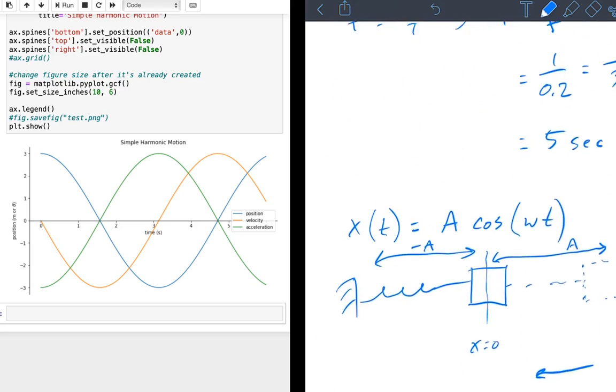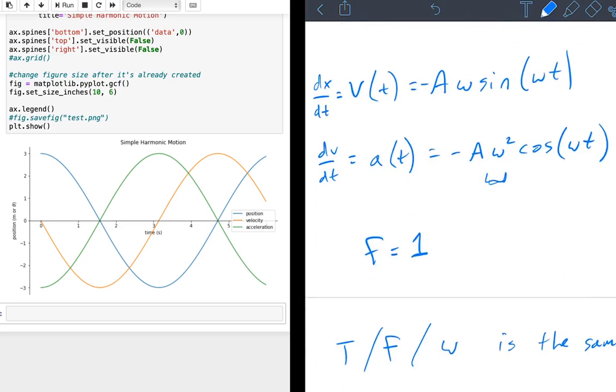The phase shift is different for X, V, and A. So what you have to be able to do is find really any of these variables by reading any of these graphs, position, velocity, or acceleration versus time. That's what you need to be able to do. That's what you need to take away from this. And you need to be able to plot it, because I will test you on that.